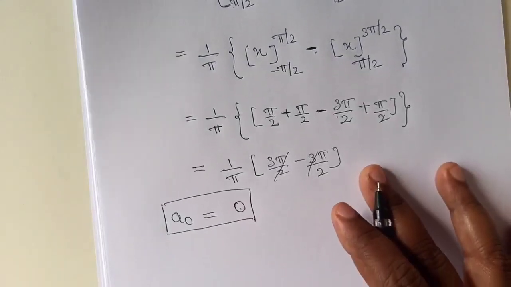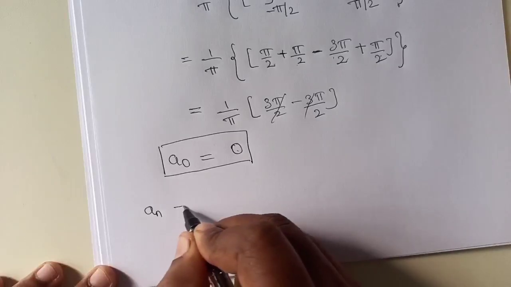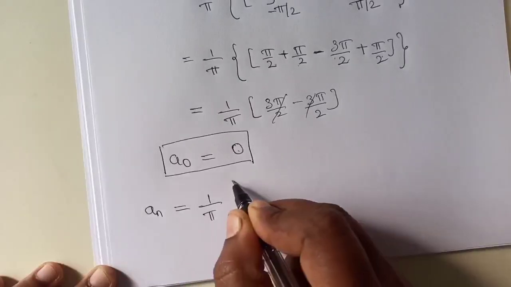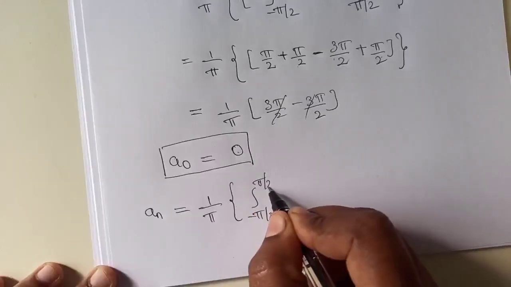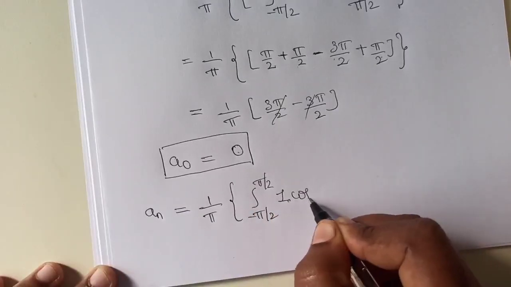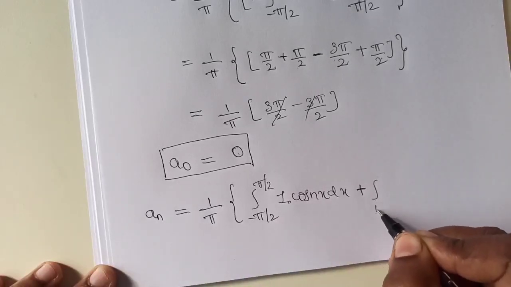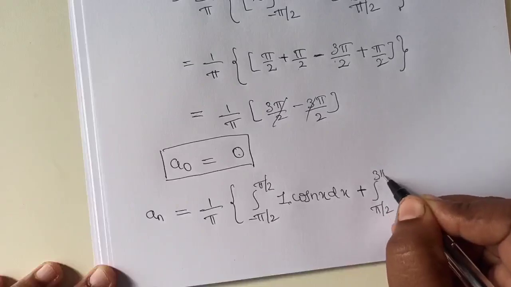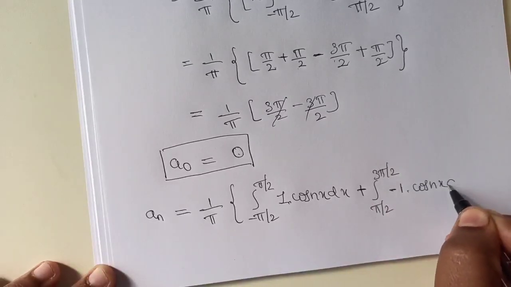Now we calculate the an value. So an is given by 1 by pi, integration from minus pi by 2 to pi by 2 of 1 into cos nx dx plus integration from pi by 2 to 3 pi by 2 of minus 1 into cos nx dx.